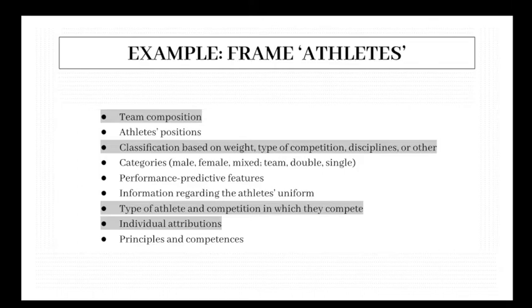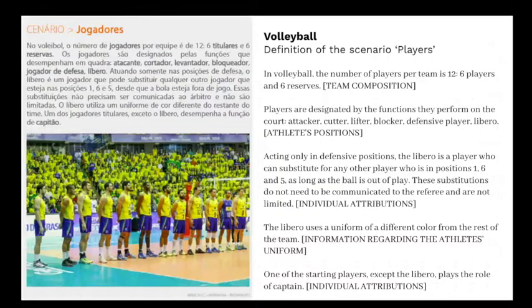We highlighted information that does not apply to all sports. From the definition of the frame players from volleyball, we can see how information such as team composition, athlete's position, individual attributions, and information regarding the athlete's uniform are presented.